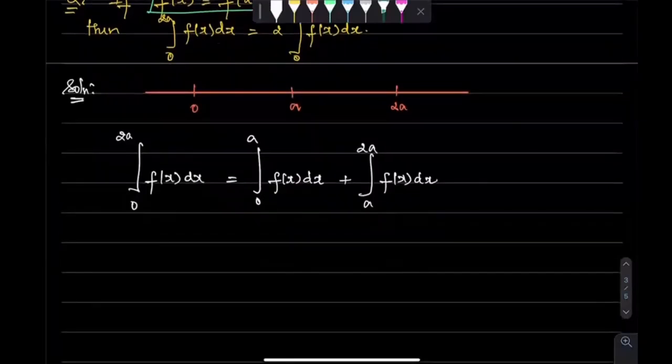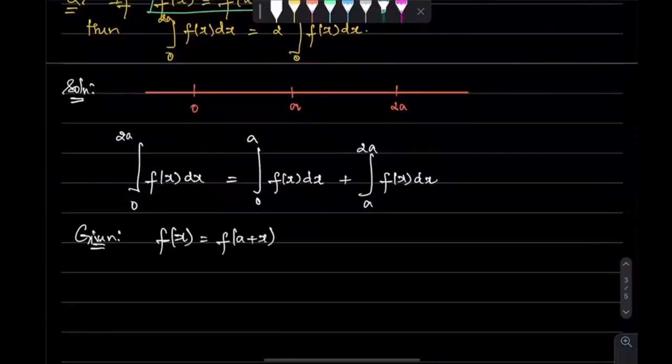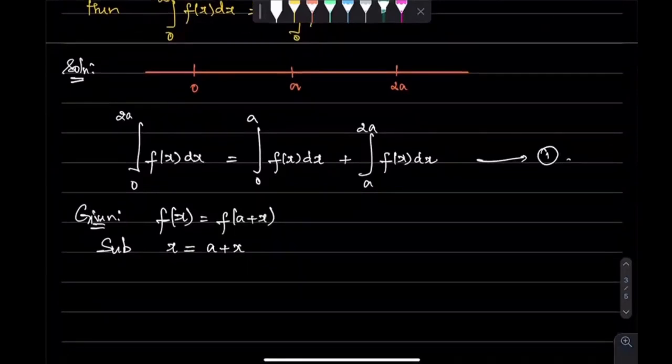Given f of x is equal to f of a plus x, I'm going to substitute x is equal to a plus u in the second integral. What is my dx? If I use a substitution, I have to change everything. My dx will be in terms of u, so I'll get dx as du.